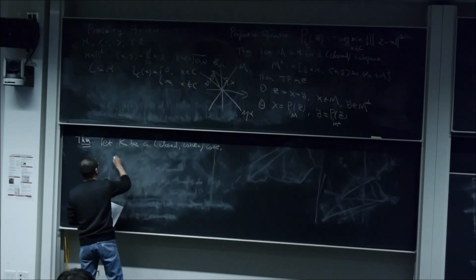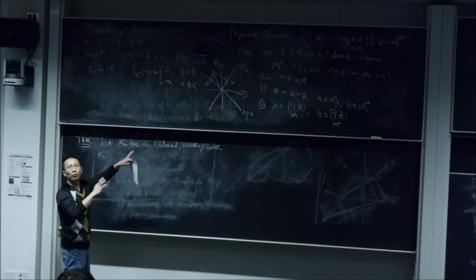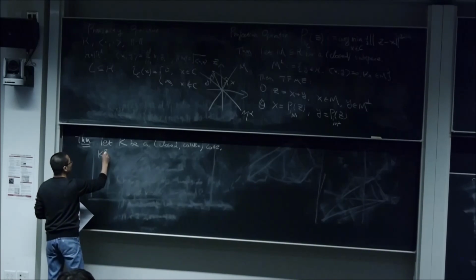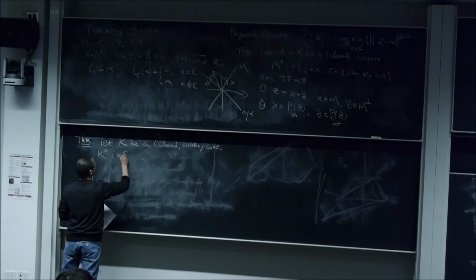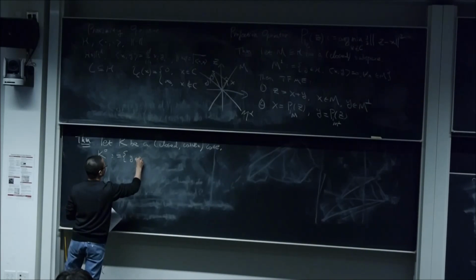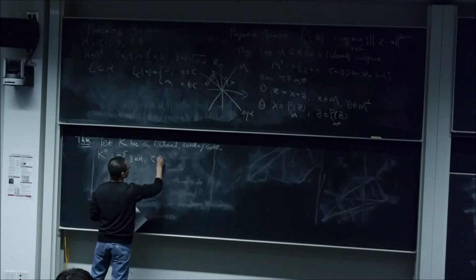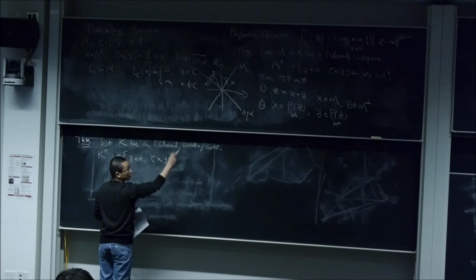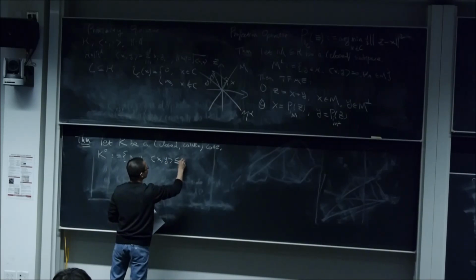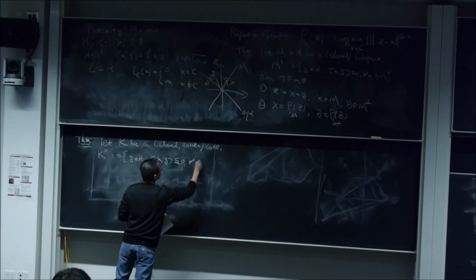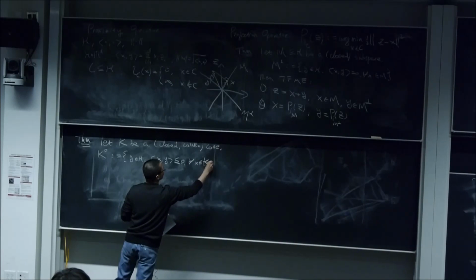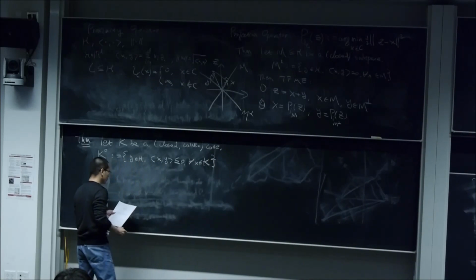We need a complement of the cone. It's going to be the polar, which is defined as all points y such that the inner product of x and y, instead of equal to 0, is smaller than or equal to 0 for x in the cone K. This is the polar cone.